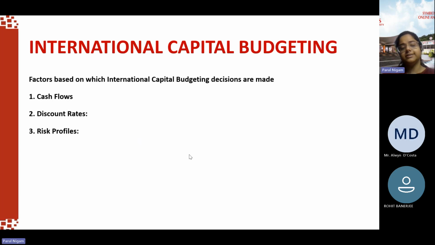Now, next can be risk and risk analysis, also risk profiles. Capital budgeting involves a lot of uncertainty, making risk assessment techniques like sensitivity analysis, scenario planning, and simulations important, which you do to analyze what can be the outcome of a particular capital budgeting decision.